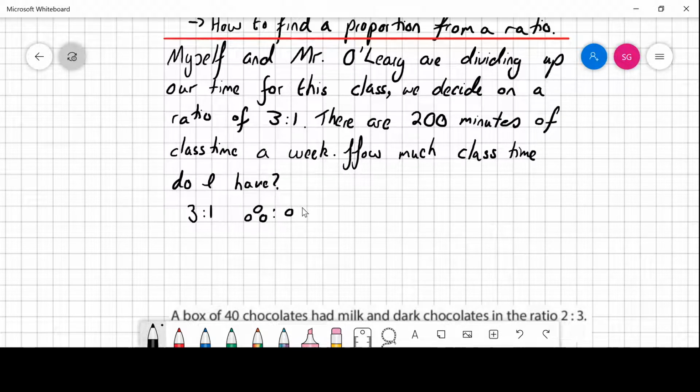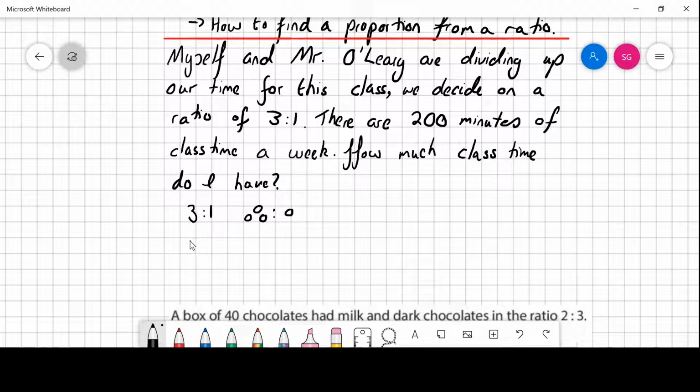If we spent a total of 4 minutes with you, it would make sense that I'd take 3 of the minutes and Mr. O'Leary would take 1. So what you need to do is add the two ratios together and divide the total by the addition, and then multiply it by the ratio on either side.